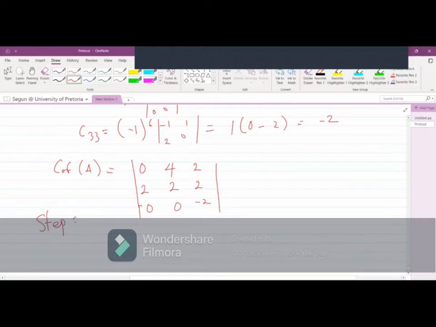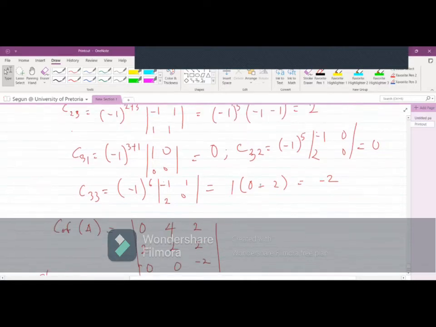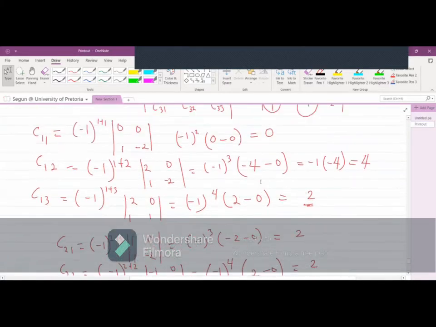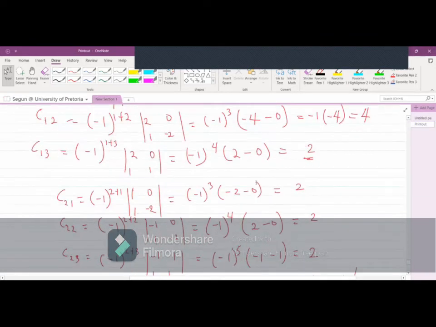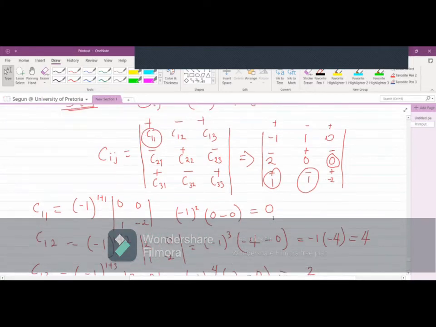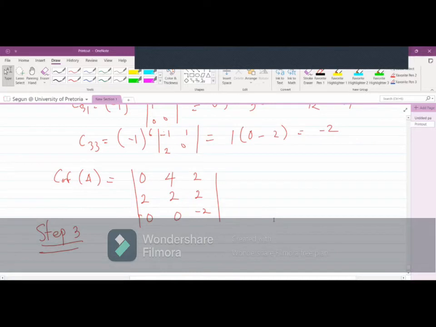Sir, I want to ask, those signs that we assign on this matrix, those plus, minus, where are we going to use them? We already used them. Majority of them is useful. Okay, let's start from A11.